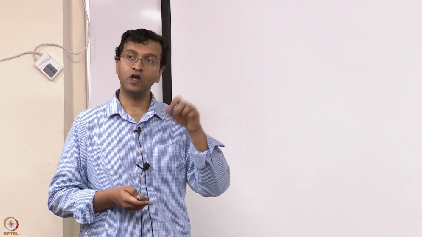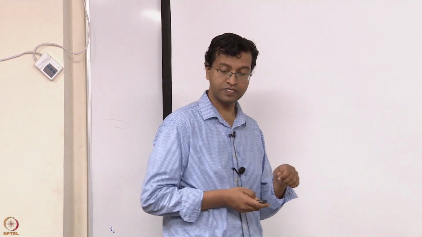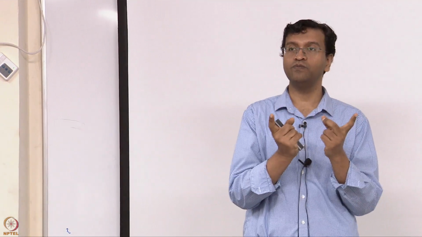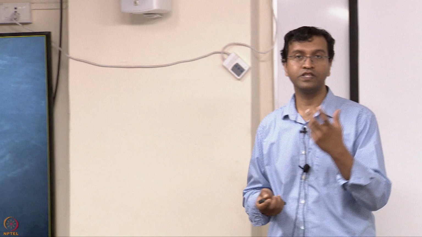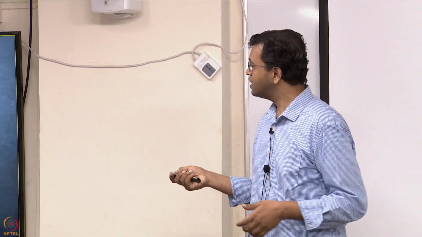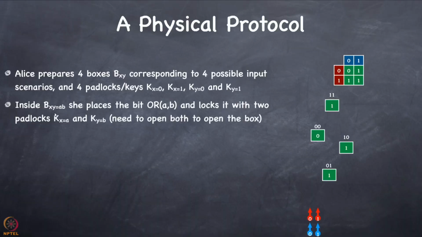But then she's going to lock each box, using 2 padlocks, such that to open the box, you need to open both locks. So there are 2 locks holding the box shut. And what are the locks she's going to use to lock Bxy, say B00?